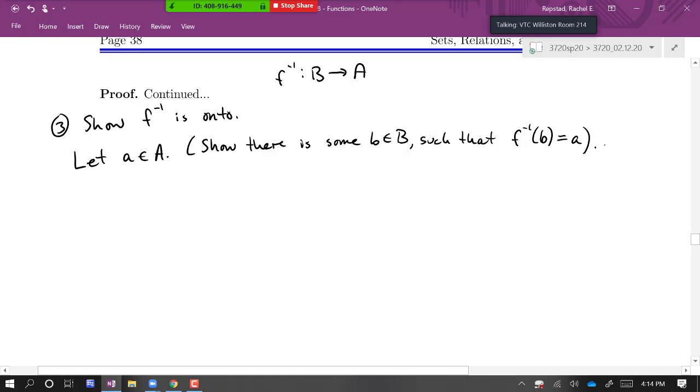And if I have an element of A, the function that we have at our disposal is the F function. That's the function that maps from A to B. And the domain of F is all of A. So I know I could take that element A and send it into B. So let's do that.